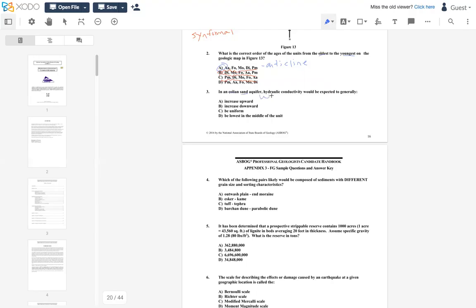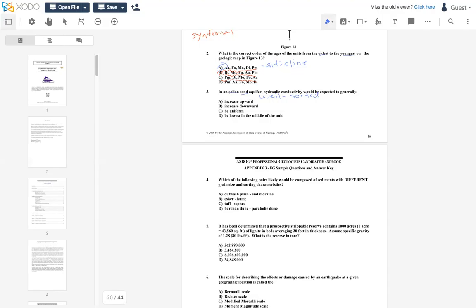I'm going to write that down just for instructional purposes: well-sorted. So we know aeolian deposits are well-sorted, and they're small enough to be carried by wind. Hydraulic conductivity is referring to how easily water is being transmitted.